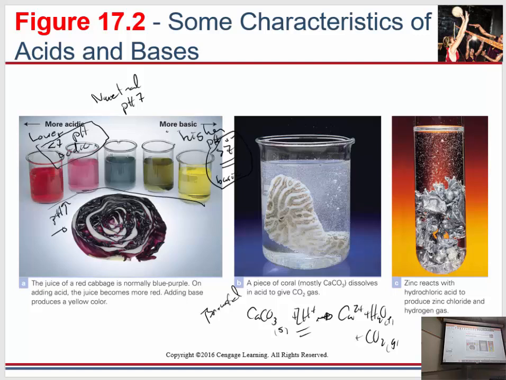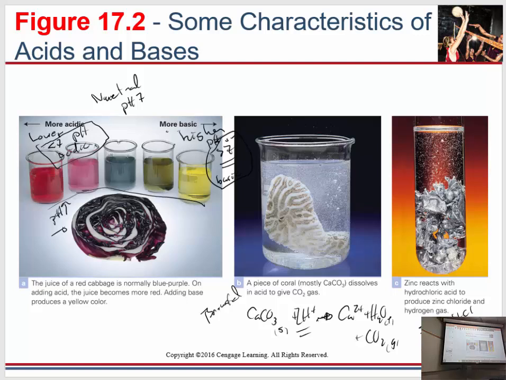acid-base reaction. Over here, this is a redox reaction, and this is zinc with hydrochloric acid. So solid zinc metal plus 2 HCl. This is a single replacement reaction. It's going to form zinc chloride plus hydrogen gas.